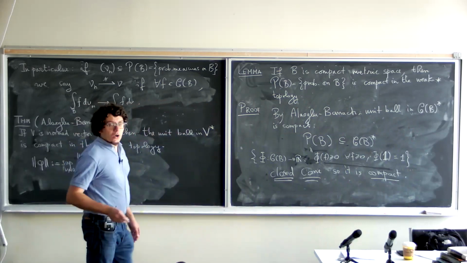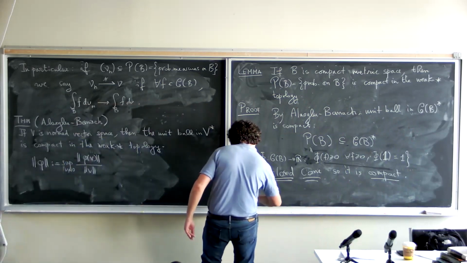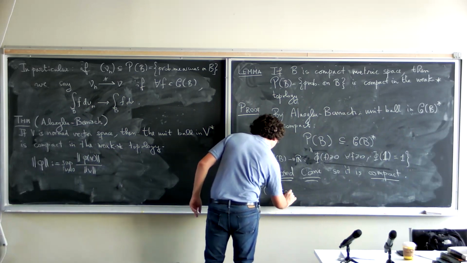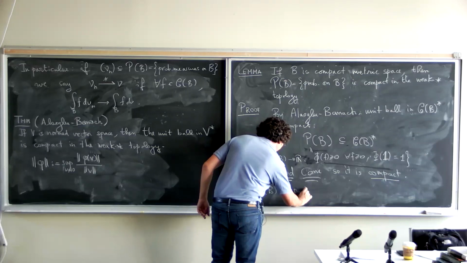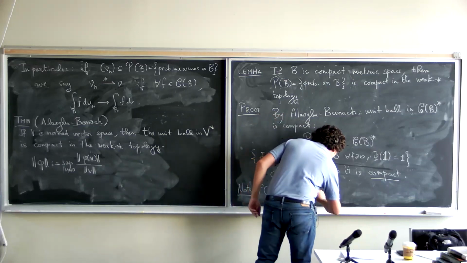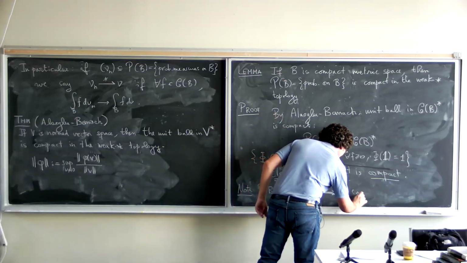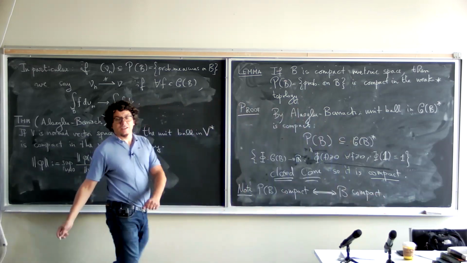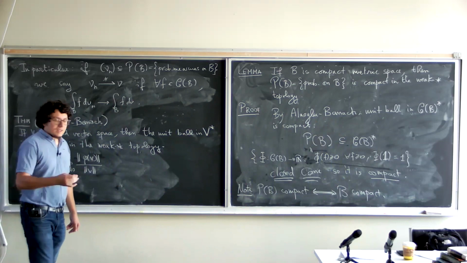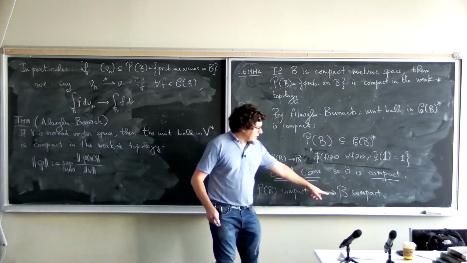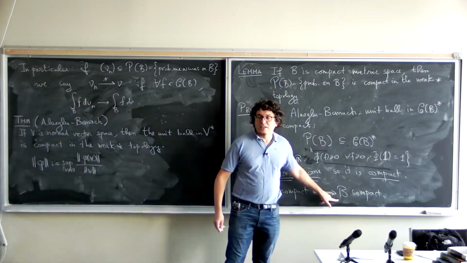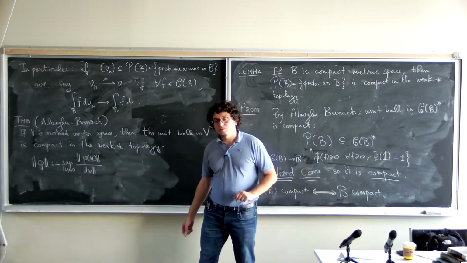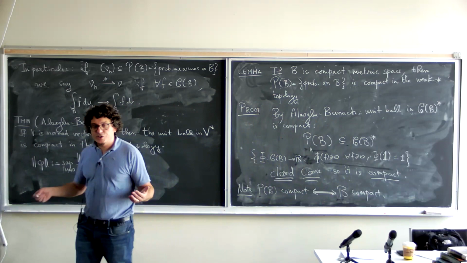Note the following, that in fact, P of B is compact, if B is a metric space, if and only if B is compact. Because what happens? Suppose you have a space which is non-compact, how do you produce a sequence of measures that does not converge?